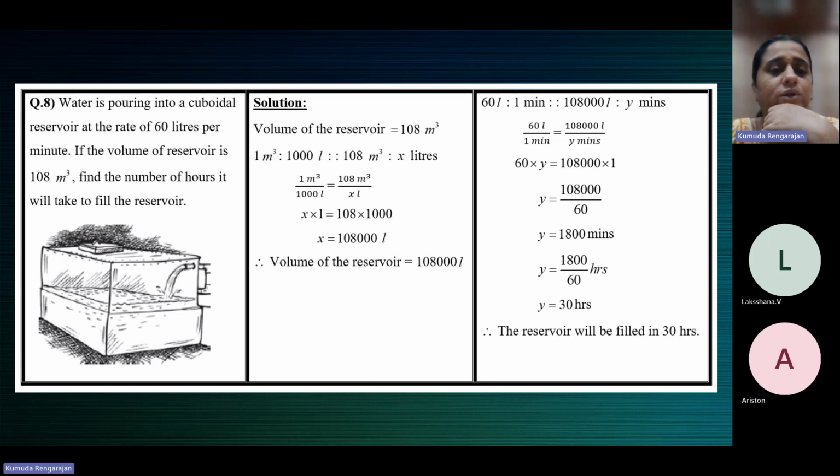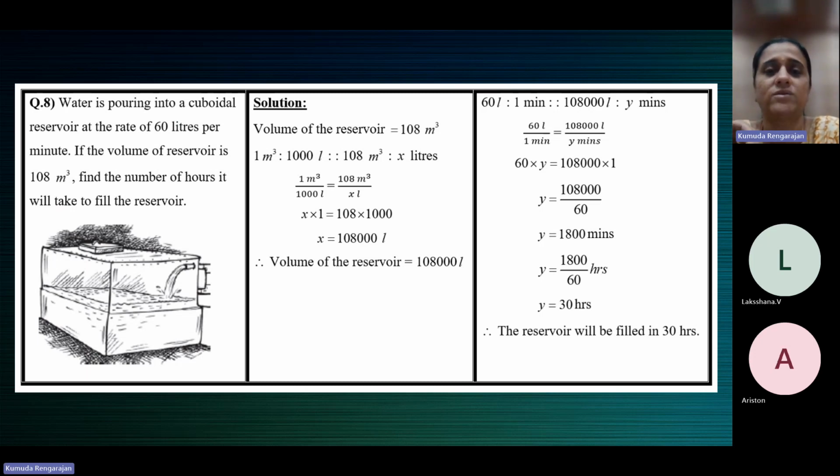Water is pouring into a cuboidal reservoir at the rate of 60 liters per minute. You can see the picture also. A reservoir is where you store water for the future.